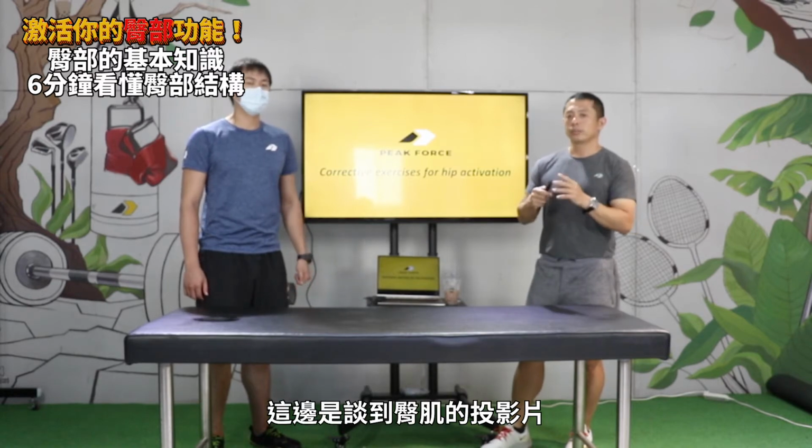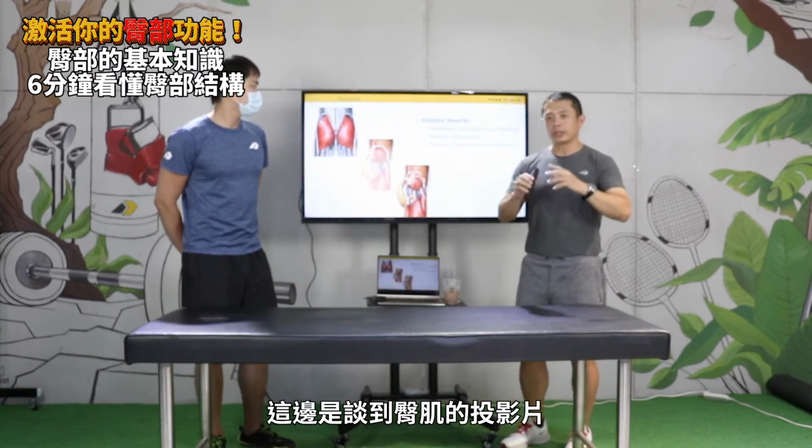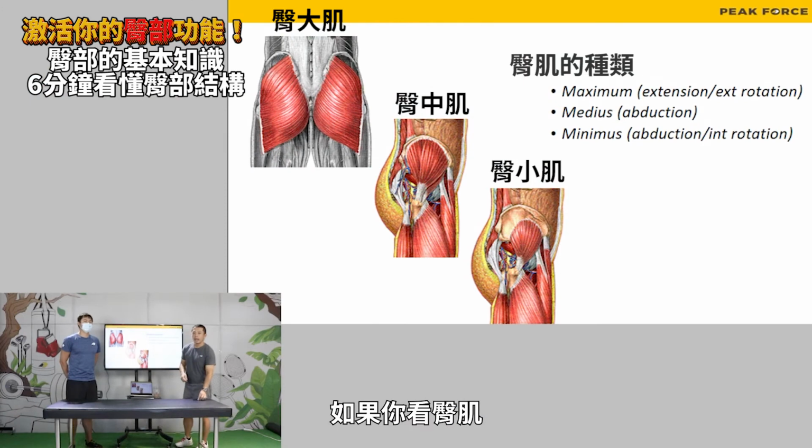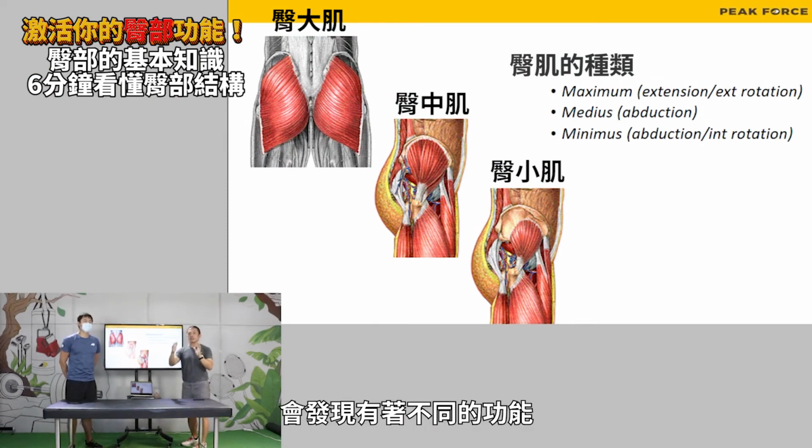Let's go to the slide here, talking about the glutes muscles, okay? And if you actually look at the glutes muscles, it has a different function, okay?